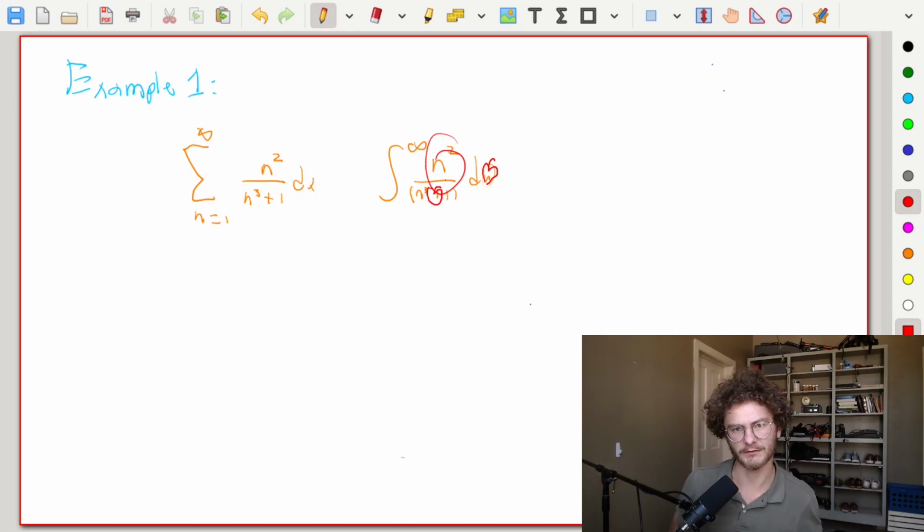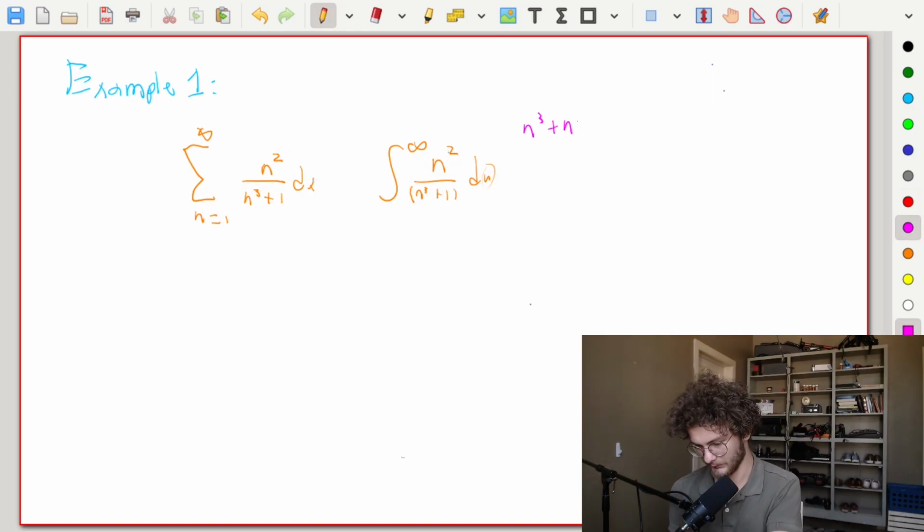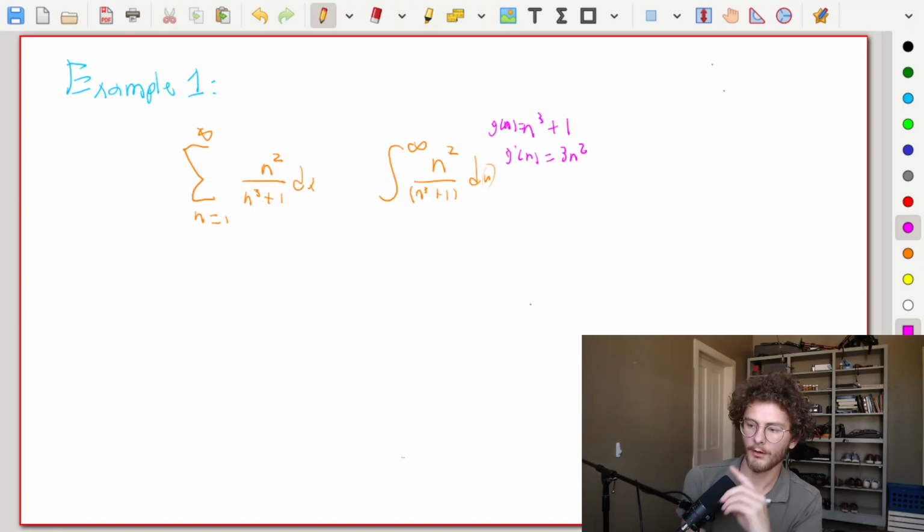So how do we replace stuff? n cubed plus 1. This is like g of n. g prime of n is 3n squared. It's just n squared. But we can force the thing to do the right thing. What do I mean by that? Well, you can multiply any integral by any number.